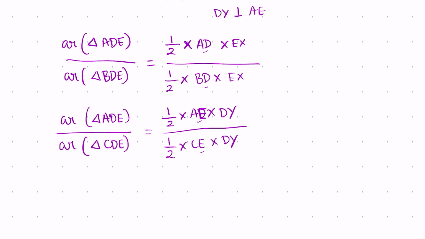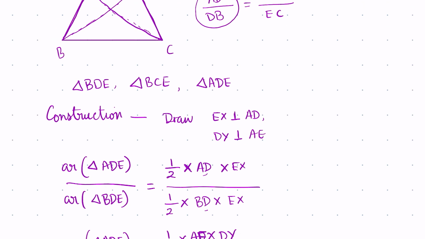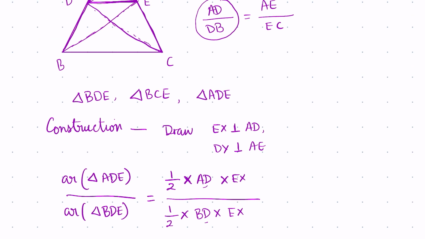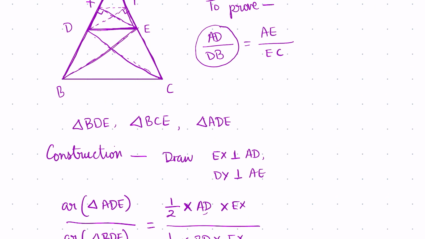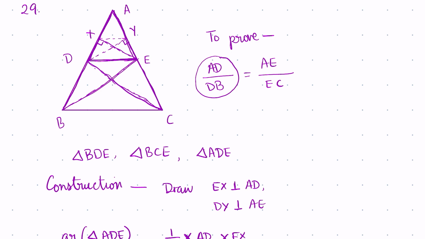How can we equate them? Well, if you look at area of BDE and CDE, they are between two parallel lines, parallel line BC and parallel line DE, right?